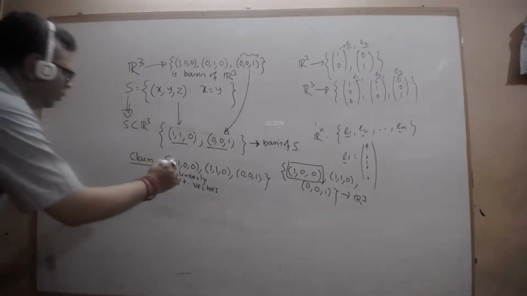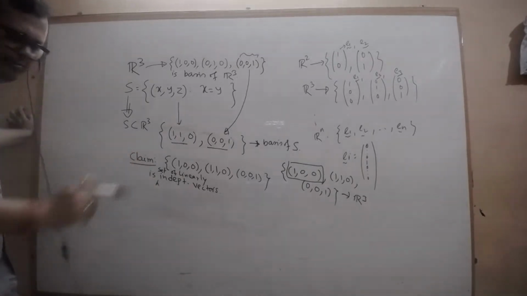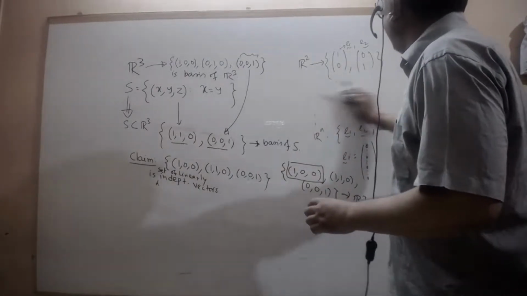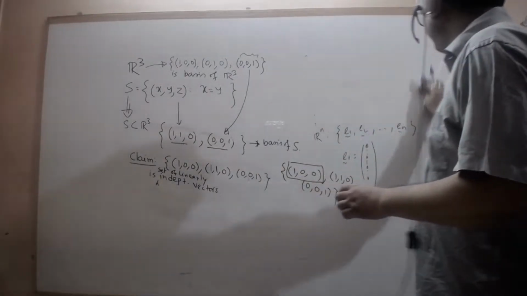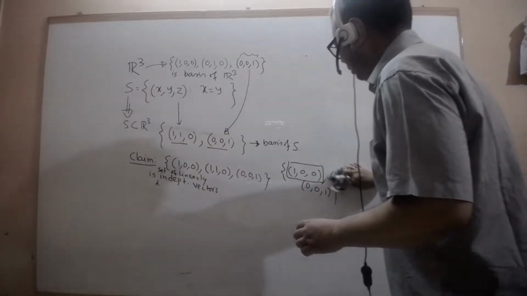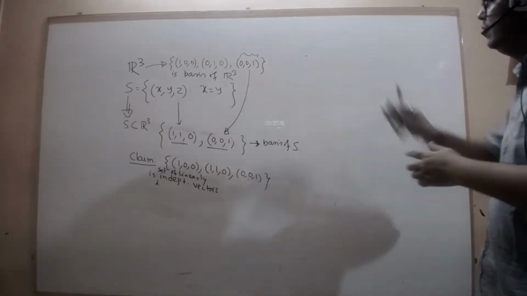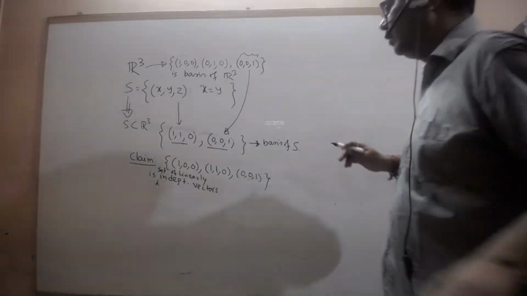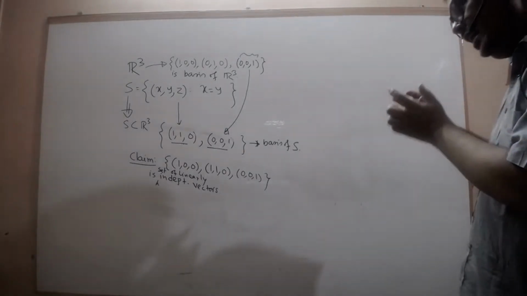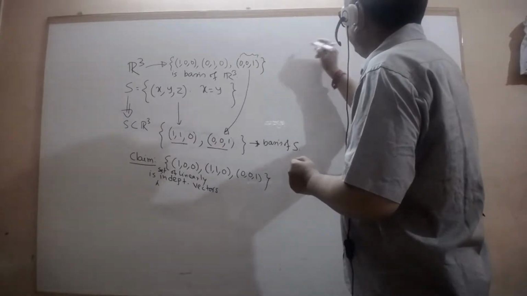Okay. So I assume that these are dummy variables. Okay. So does it make sense? You can take C2 or C3. These are the same things. So the claim is this is a set of independent vectors.